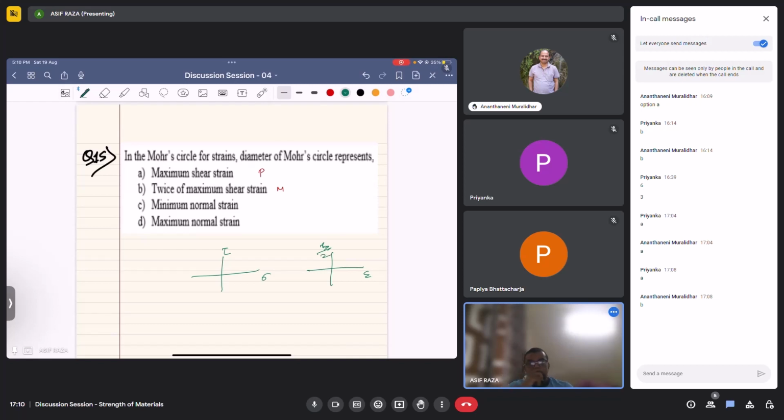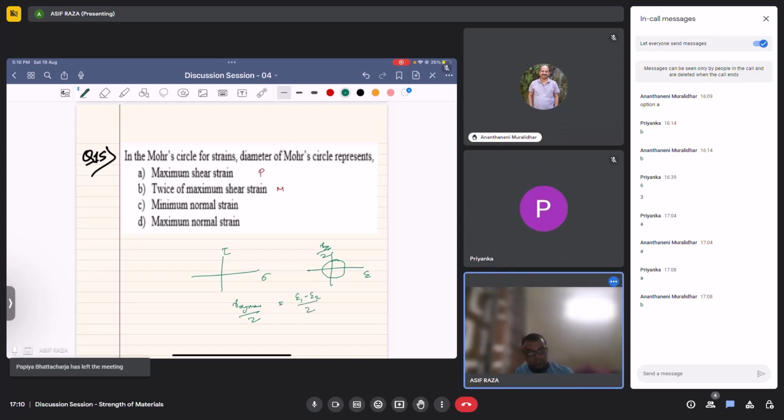So gamma xy max by 2 would be equal to epsilon 1 minus epsilon 2 by 2, and epsilon 1 minus epsilon 2 is the diameter.